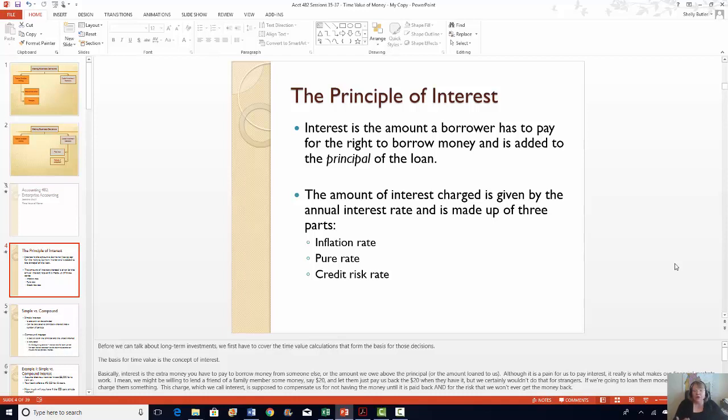If you want credit and you have good credit, your credit risk rate is going to be lower than somebody with bad credit. As you may have read online or in any financial class, people who have better credit pay less interest, and therefore save a lot of money over time.